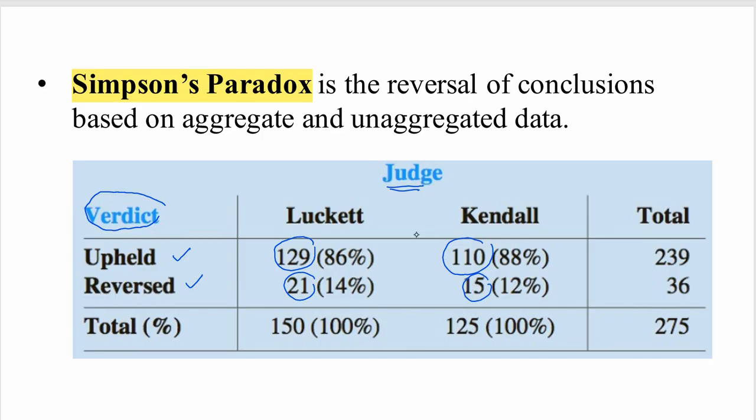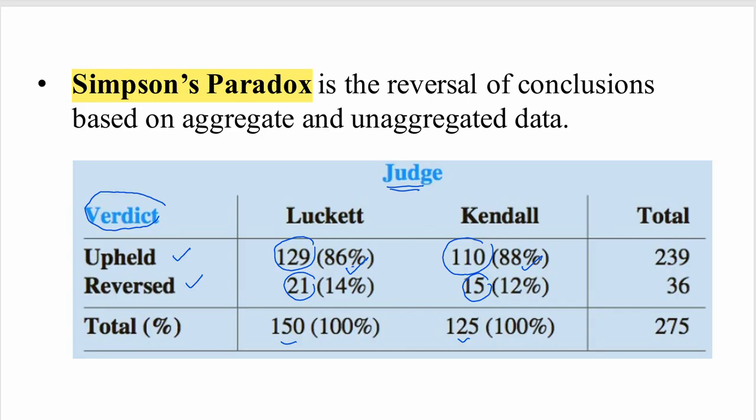Because these two judges deal with an unequal number of cases, maybe it would be better to look at this in terms of percentages. If a jury presents a case to Judge Luckett, he upholds it, which basically means he agrees with it, 86% of the time, but Judge Kendall agrees with it 88% of the time.